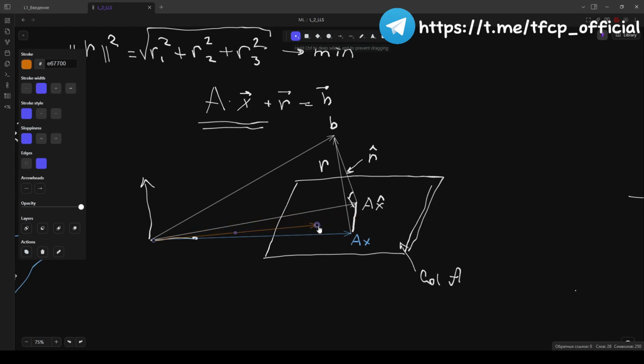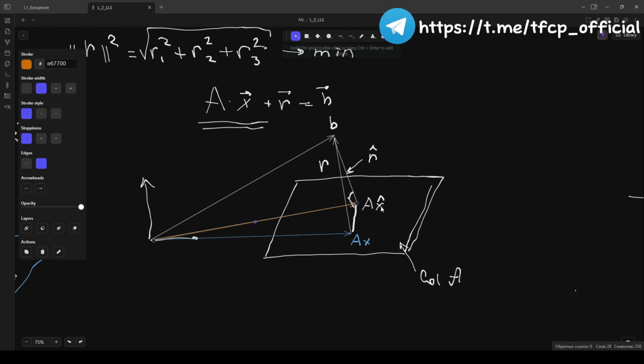We have concluded from our reasoning that this must be a vector x, which we denote as x hat, positioned such that this vector r, which is the distance between Ax and the vector b, is perpendicular to the plane.